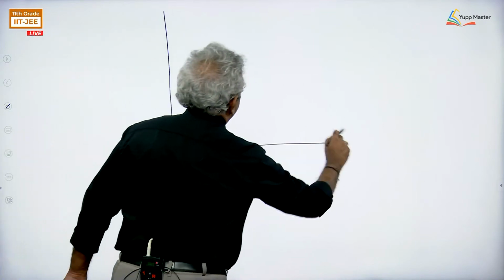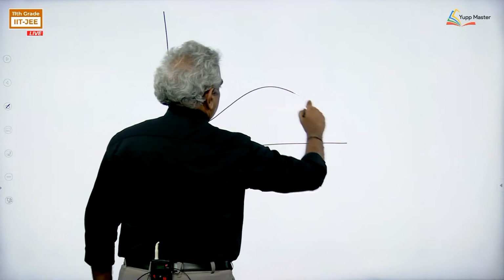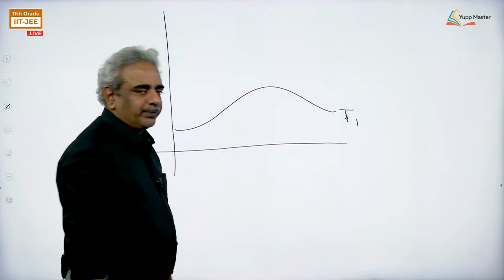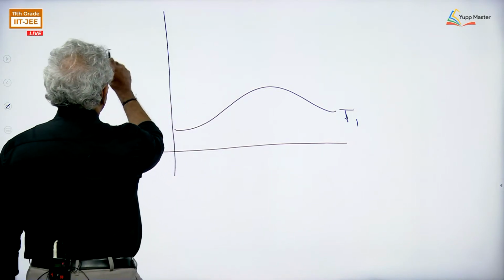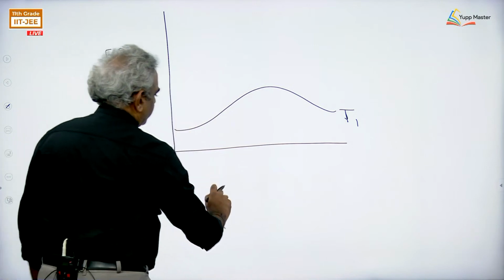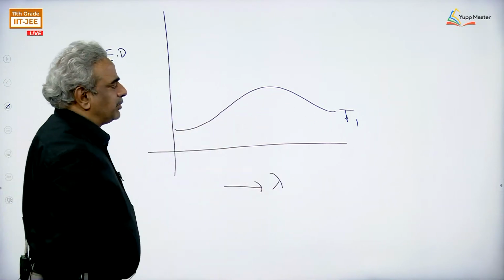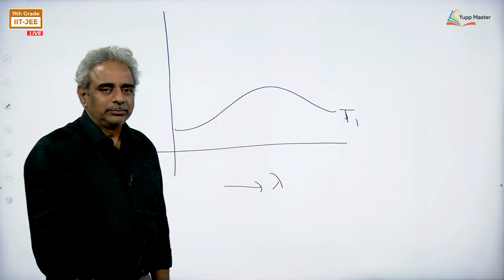I think you appreciated this. At some temperature T1, I heated a black body. So, intensity, energy density versus lambda. What do you understand from this small curve, which gives a lot of meaning?